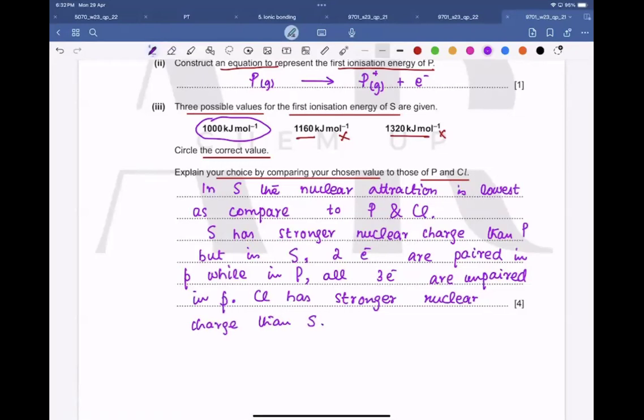First we decided that sulfur has a smaller value, and then we explained the reason that if the value is smaller, then the nuclear attraction in sulfur would be smaller than these. Sulfur has a stronger nuclear charge than phosphorus, but the pair of electrons causes spin pair repulsion, which gives it a lower attraction.